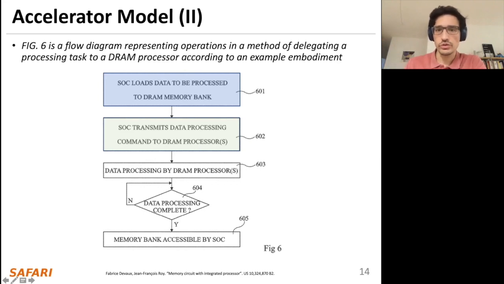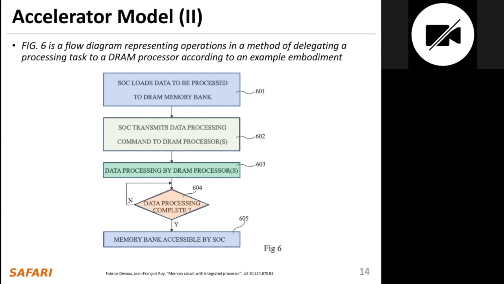The DRAM processors start the execution, and when the execution is completed, then the memory bank is again accessible to the SoC, and it can access it as if it was conventional memory. Okay, I see. All right.